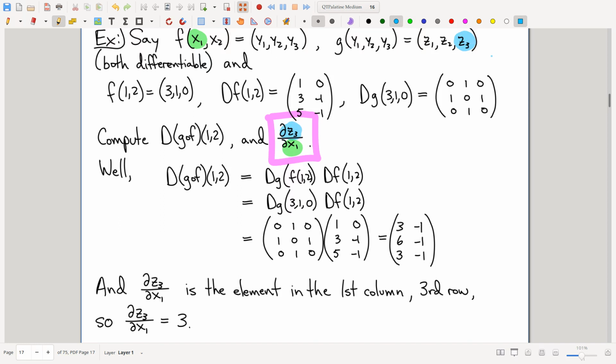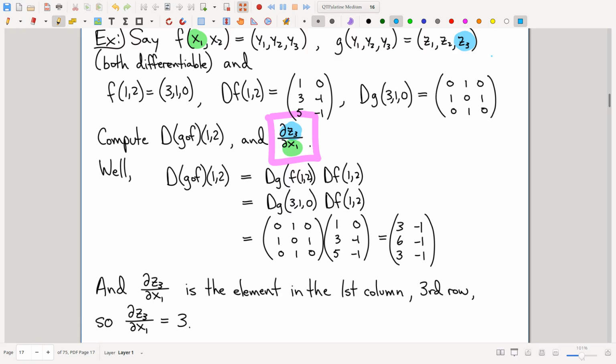And so how are we going to figure out that partial derivative? I don't have the formula, but I can immediately notice this is a partial derivative of the composition. I have the derivative matrix of the composition. So I know this partial derivative I'm looking for has got to be one of these elements.